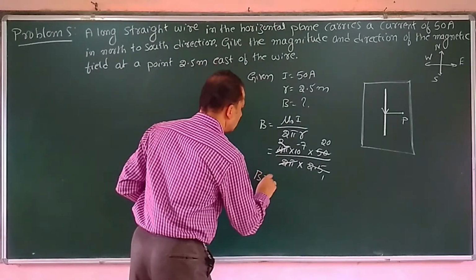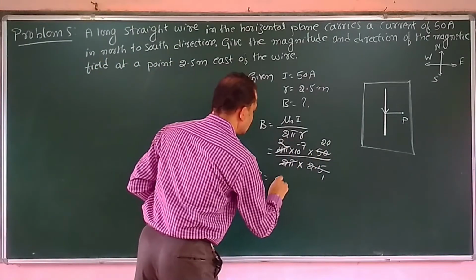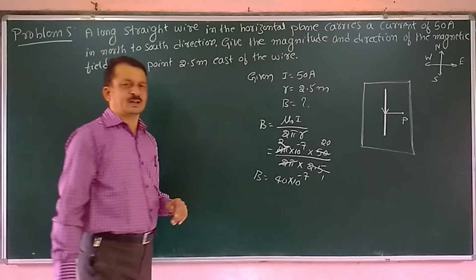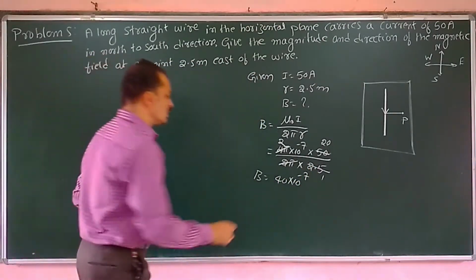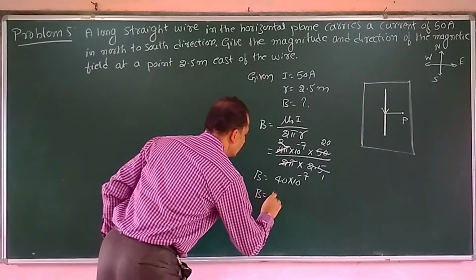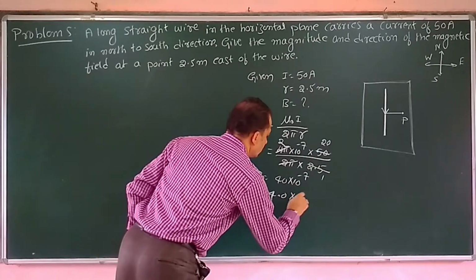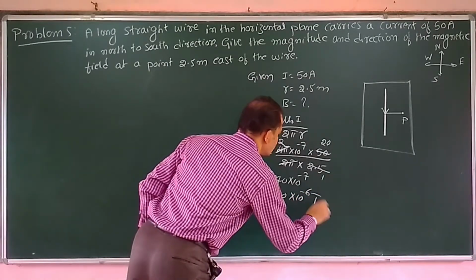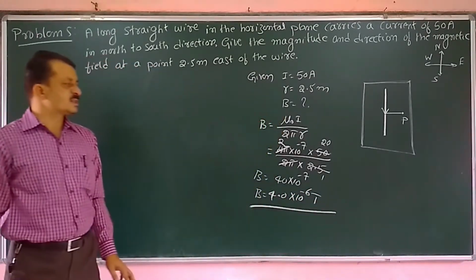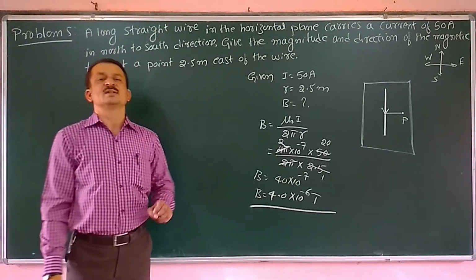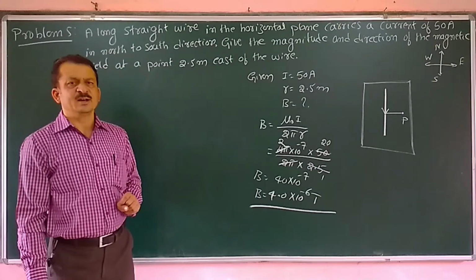Therefore 2 into 20, that is 40 into 10 to the minus 7. If you write it in scientific notation, we get 4.0 into 10 to the minus 6 Tesla. It is the magnitude of the magnetic field.